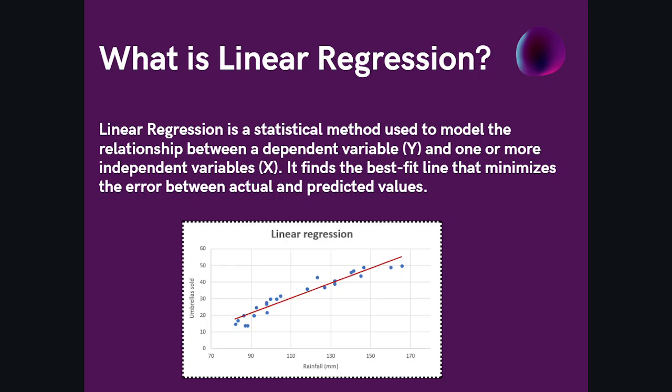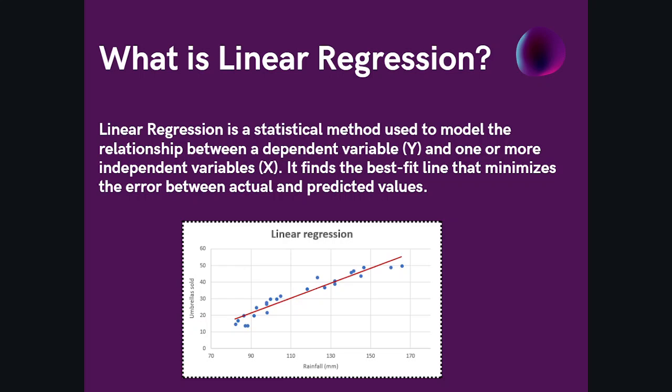And if it is one dependent variable and more than one independent variable, then it is known as multilinear regression. In this video we are just going to stick to linear regression, that is single-variable linear regression. Okay, one to one.